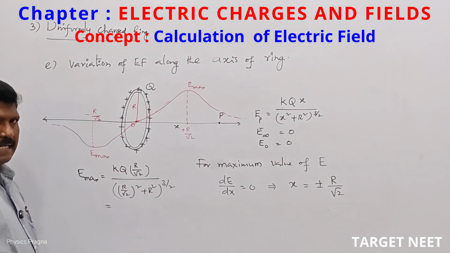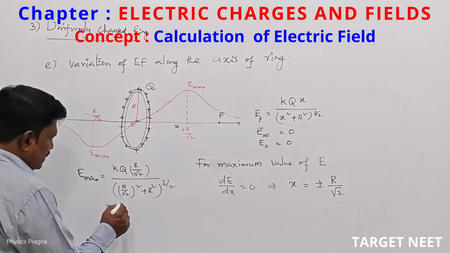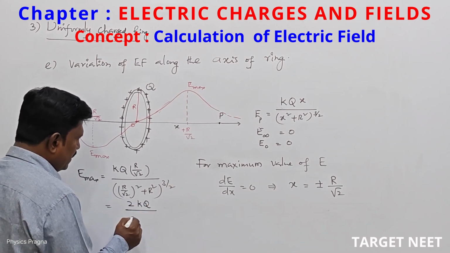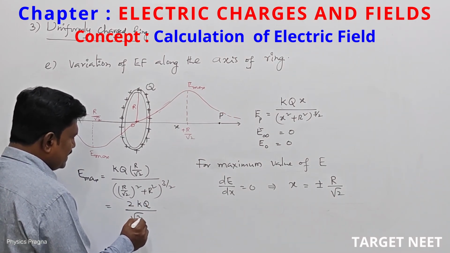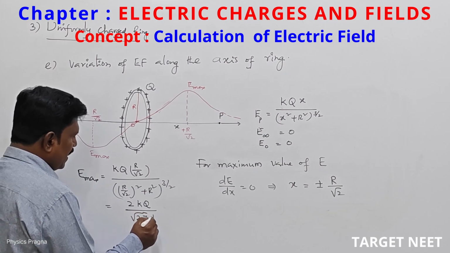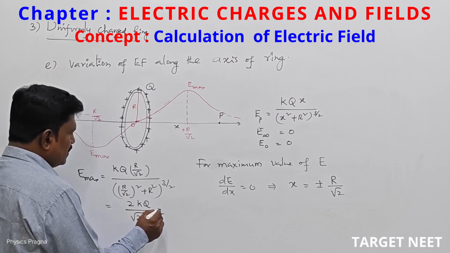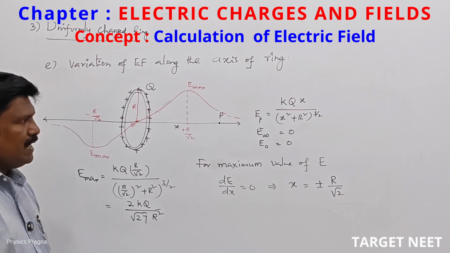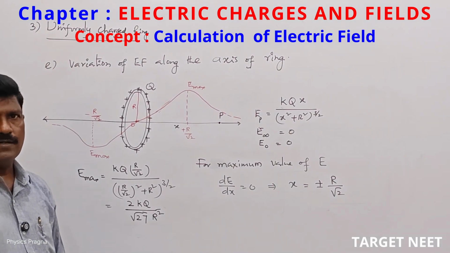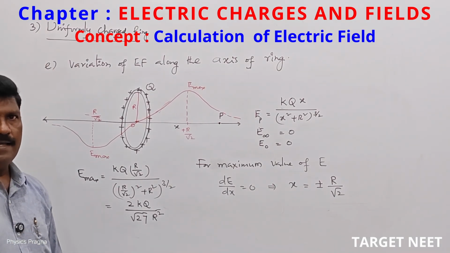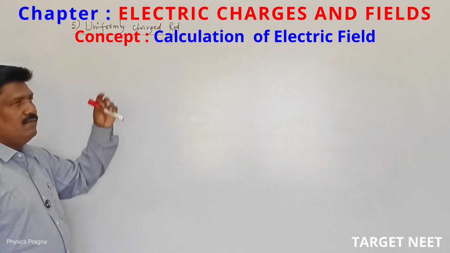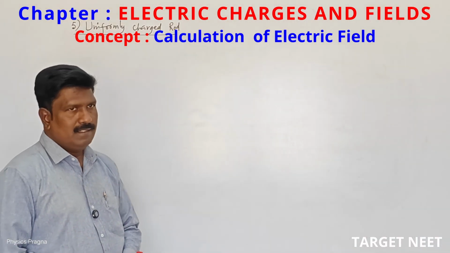If you calculate and simplify, this becomes 2kq by root 27 r square. These results are very important, and any question related to this, you can do it in lightning speed. Our next discussion is uniformly charged rod.